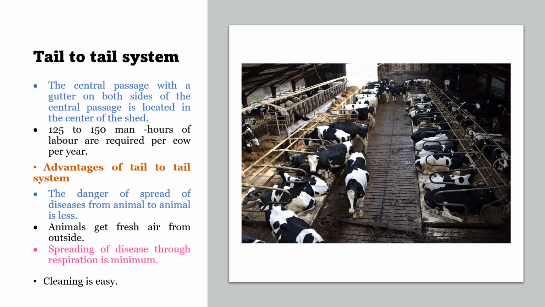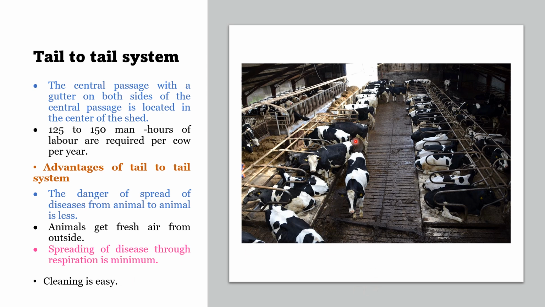So we can see here in this picture a central passage is present between the two rows of animals. The animals' tails are facing towards one another. That's why this system is called the tail to tail system. In this system, 125 to 150 man hours of labor are required per cow per year.